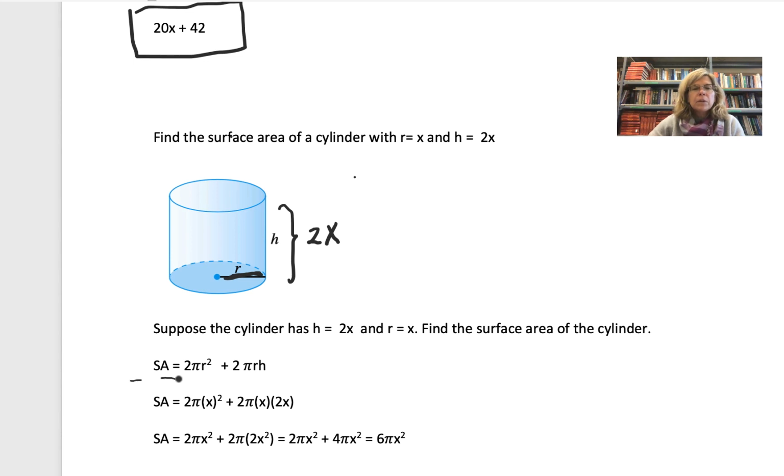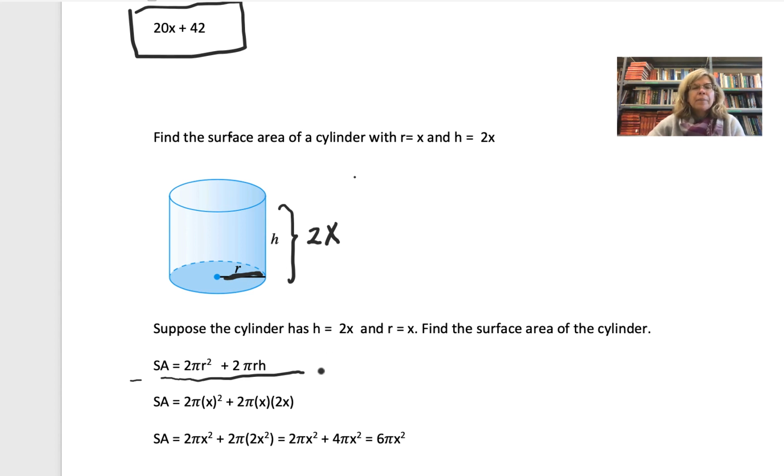So it's 2 pi r squared plus 2 pi rh. Okay, so it's 2 pi times the radius squared plus 2 pi times the radius times the height. So you know the diameter is 2 times the radius, but I like to use the 2 pi r squared and 2 pi rh just because I've used it forever and it sounds really good to me.